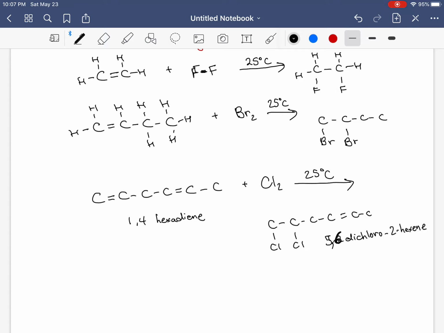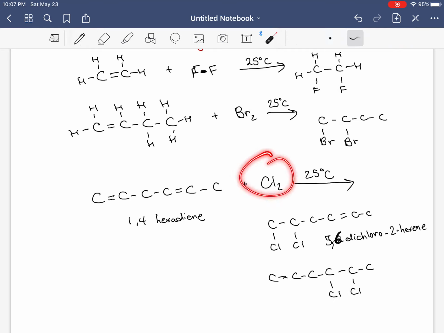Now, is that the only thing that you're going to get? No. You might get this, where the chlorine not only can attack this double bond, but it can attack this double bond.